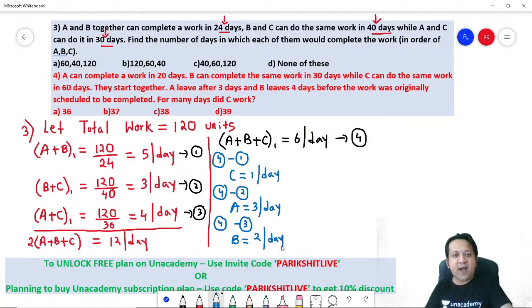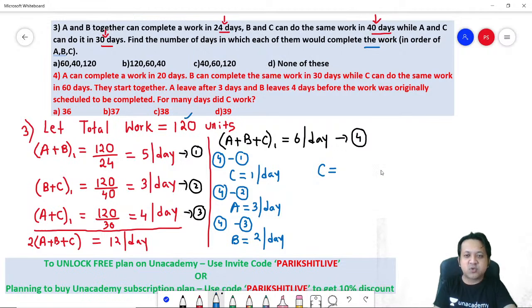The question is asking, find the number of days in which each of them would complete the work. So what about C? C does 1 unit per day and total work is 120 units. So can I say C must be taking 120 days. What about A?